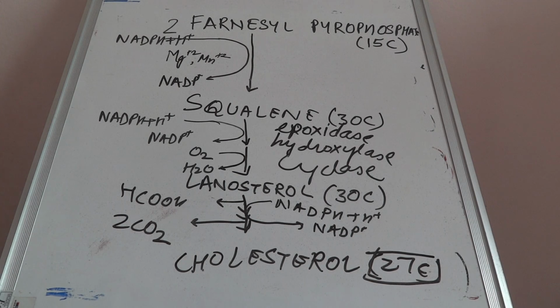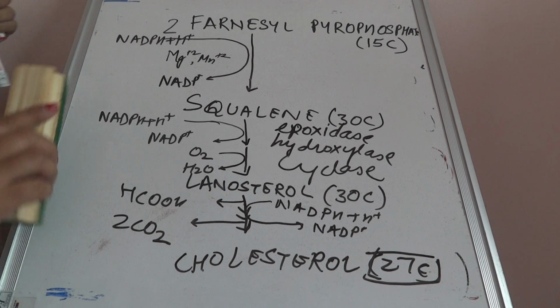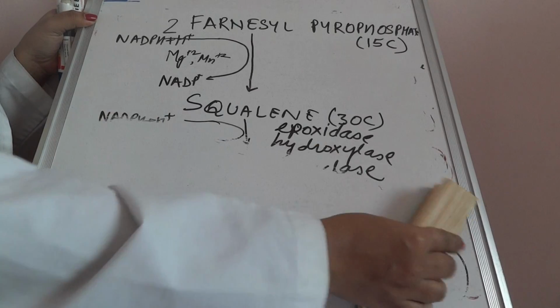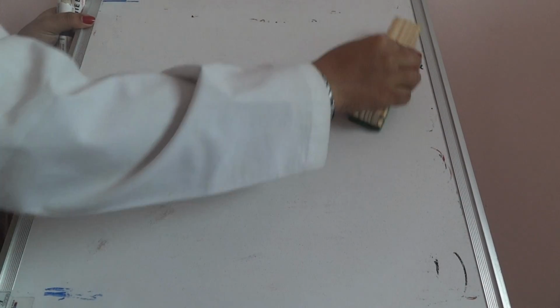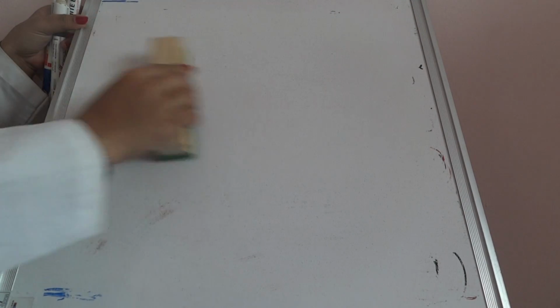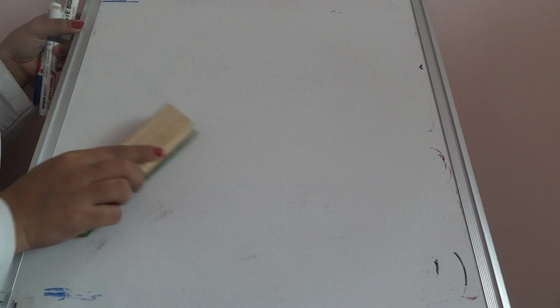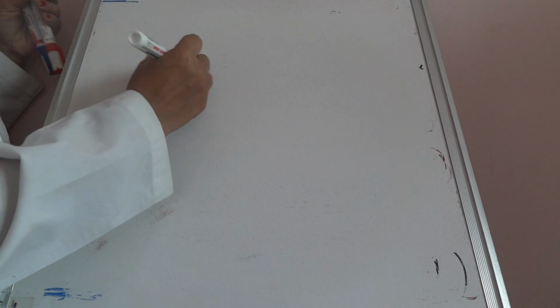Okay, so this is the formation of cholesterol, and as we have told, HMG coenzyme A reductase is the rate limiting enzyme or the main enzyme through which the cholesterol cycle is regulated.